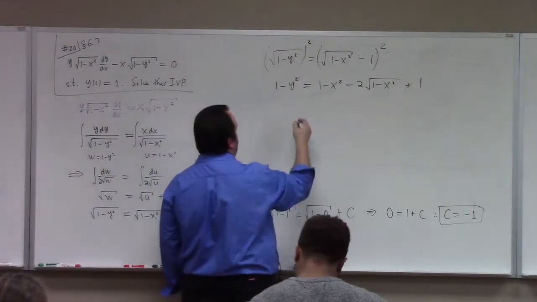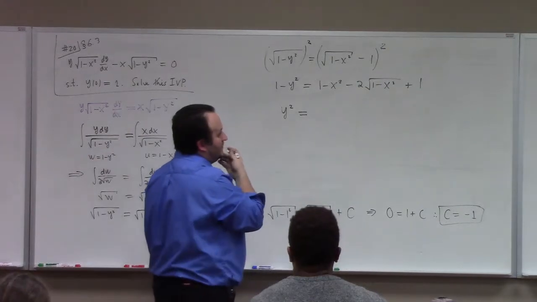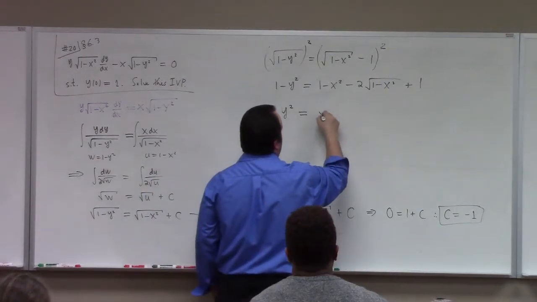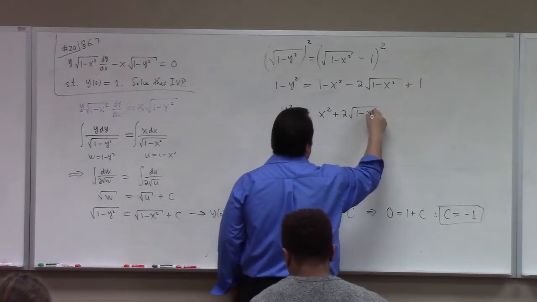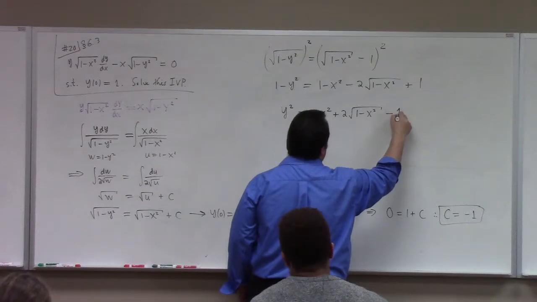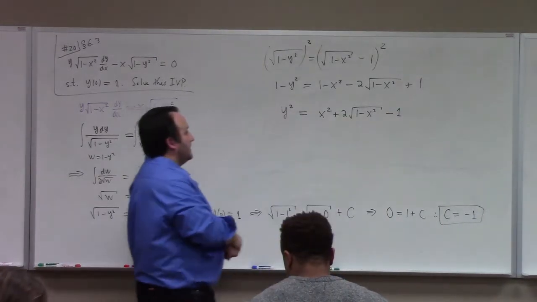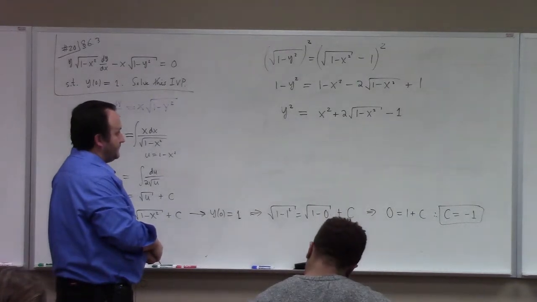So I can solve for y squared. What do I get? y squared equals x squared plus 2 times the square root of 1 minus x squared, minus 1.